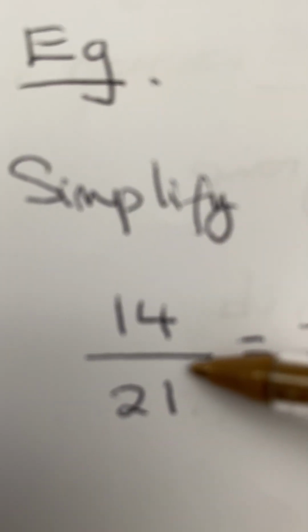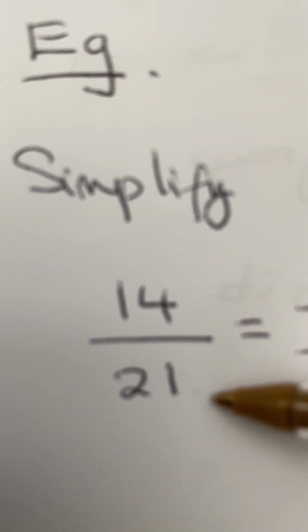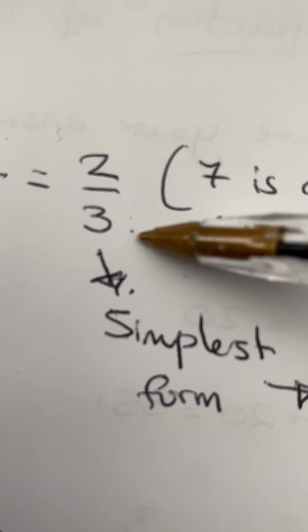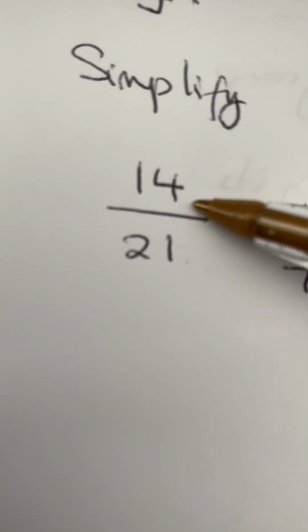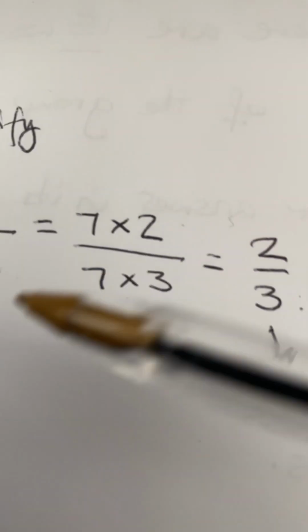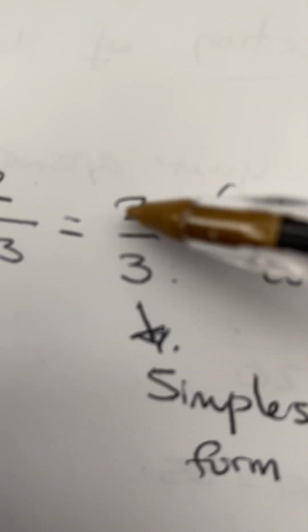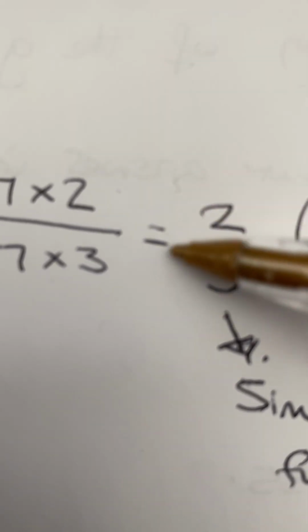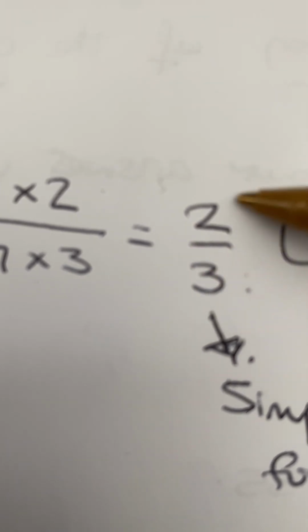So by using the common factor 7, I've reduced 14 over 21 to 2 over 3. So 14 over 21 and 2 over 3 are equivalent fractions, but in the simplest form, this is 2 over 3.